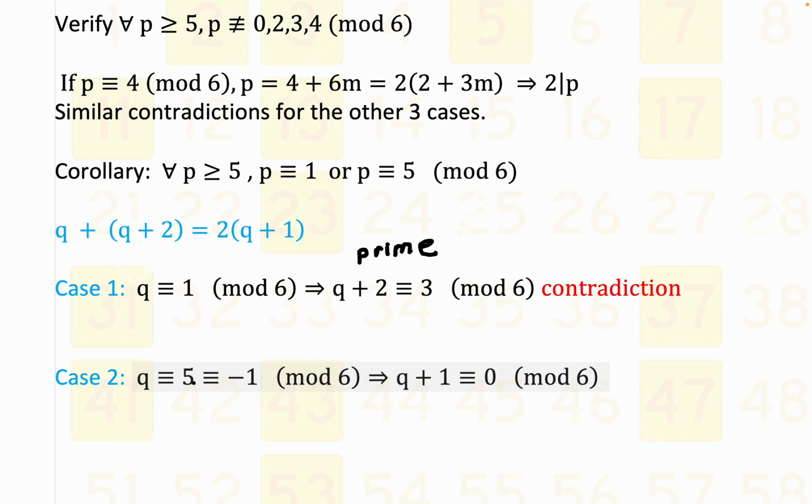If q is congruent to 5, that's the same as saying it's congruent to -1, because 5 minus -1 is 6. Okay, now this also implies that q plus 1 would be congruent to 0, right? Because if you add 1 to both sides of this congruence, you get q plus 1, and a 0 would be right here. Okay, so that says that q plus 1 has to be divisible by 6.